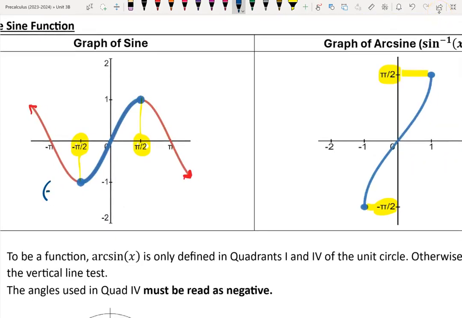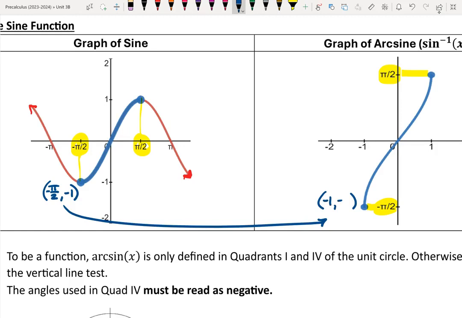This point would be the point negative pi over 2, comma, negative 1. And if we look at its corresponding point over here, what is the new point on our inverse function? Negative 1, negative pi over 2. Did the x and y switch? Yes, they did, because these are inverses. X and y switch places. Okay?